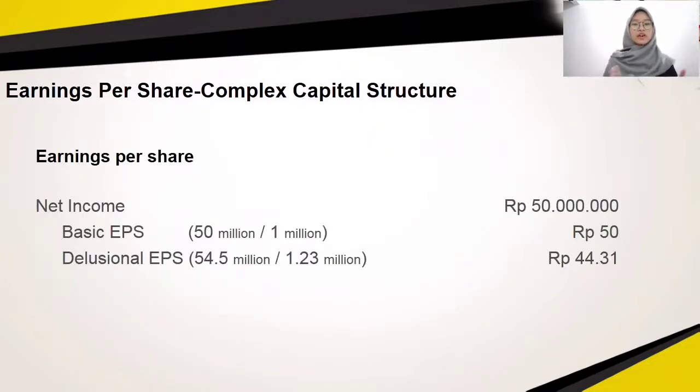And on the income statement, the company reports earnings per share and diluted. And this is the income statement of the company. Net income 50 million. Basic earnings per share 15, and diluted earnings per share 44.31.